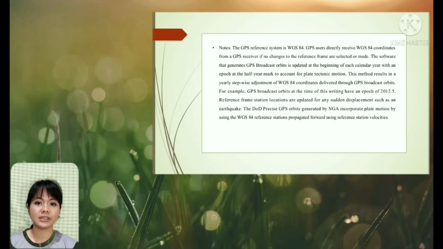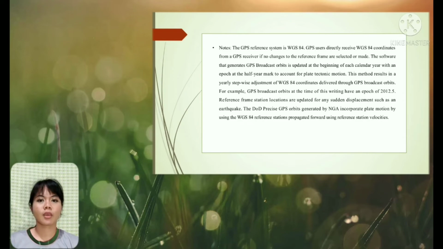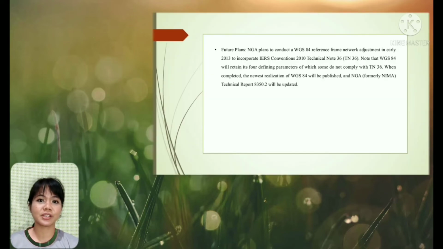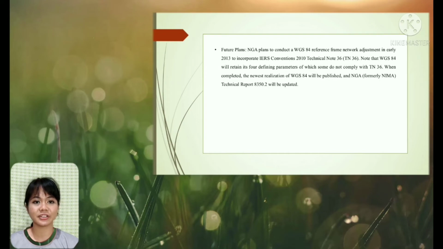The DoD precise GPS orbits generated by the NGA incorporate plate motion by using the WGS84 reference stations propagated forward using reference station velocities. The NGA plans to conduct a WGS84 reference frame network adjustment in early 2013 to incorporate IERS Conventions 2010 Technical Note 36, or TN36.